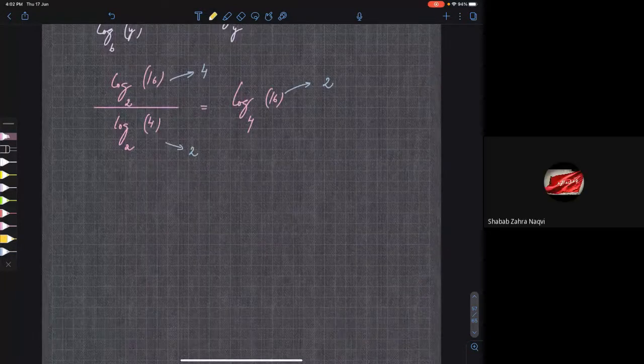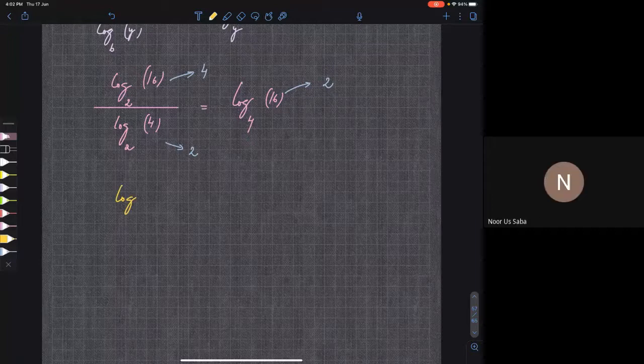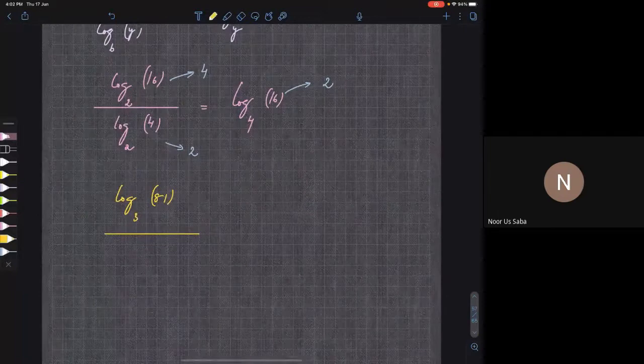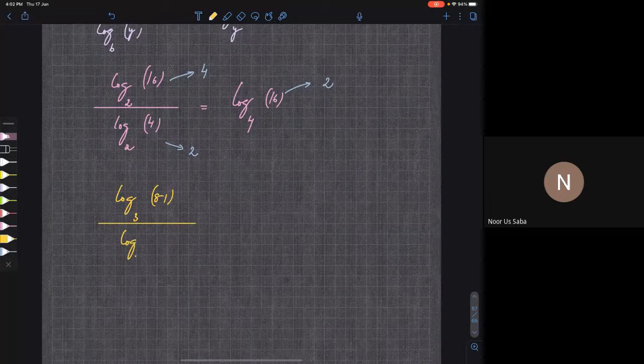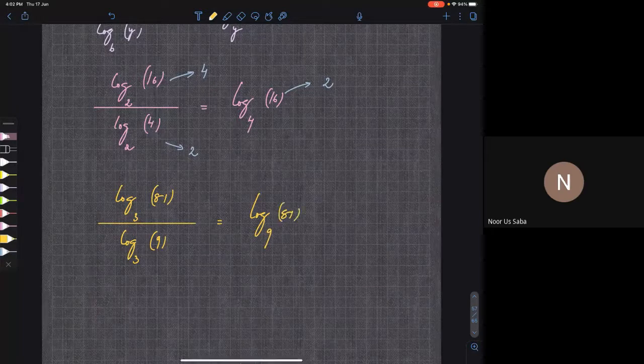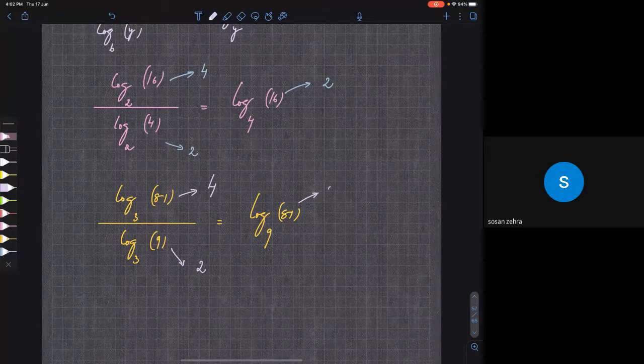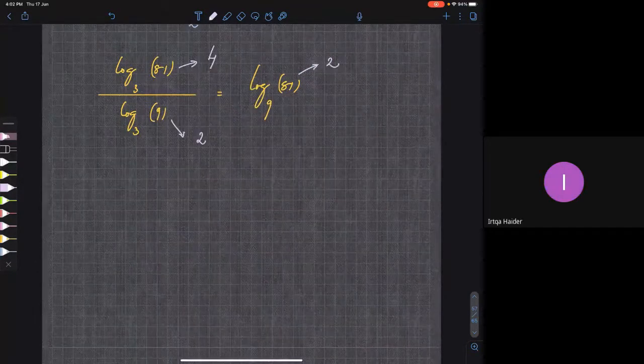Let us take another example, with 9. What will be the value of the first? 4. The second? 2. And the third? 2. So you are getting the idea, right?